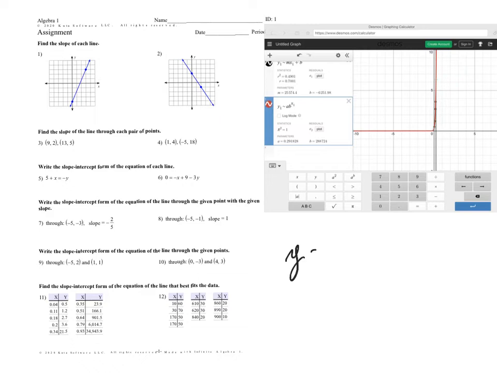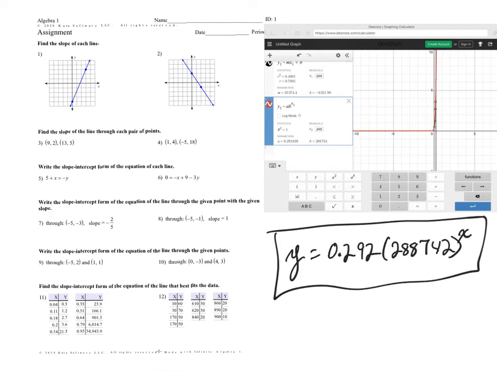So y equals 0.292 times b, which is 288,742 raised to the x power. This is our line of best fit. So it gives us a and b that we've got to plug into that equation there. It gives it to us, so it's just a straight plug in.